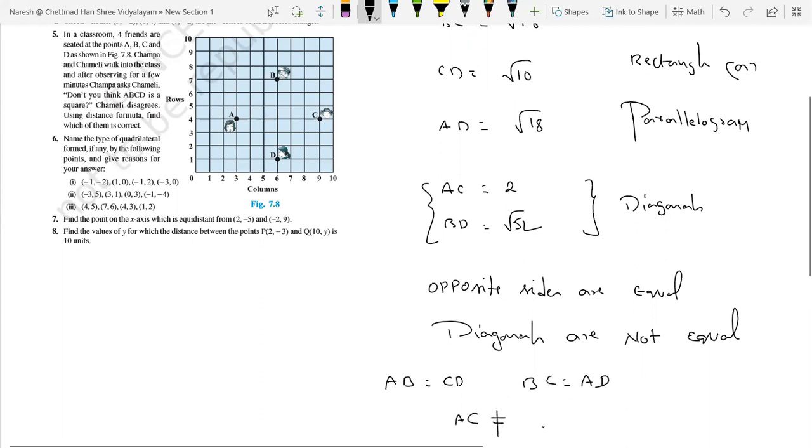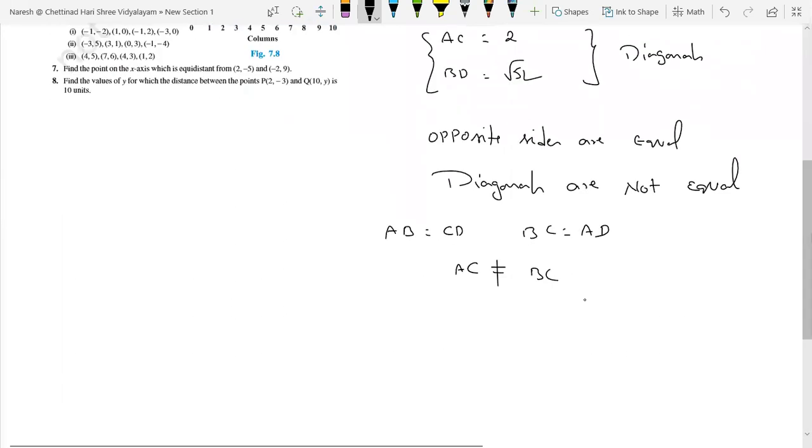AC is not equal to BD, which satisfies the condition for a parallelogram, correct? It's not a rectangle. For a rectangle, the diagonals should also be the same. Am I right? Yes.